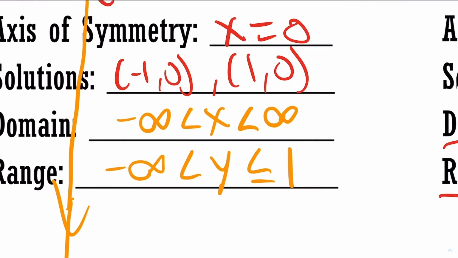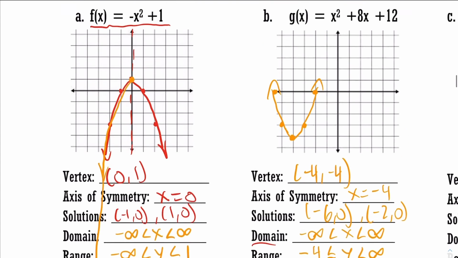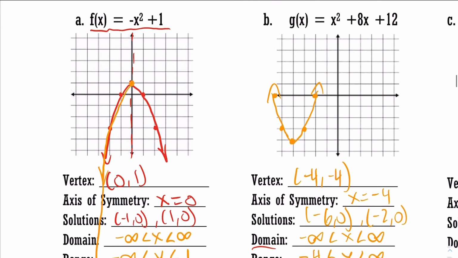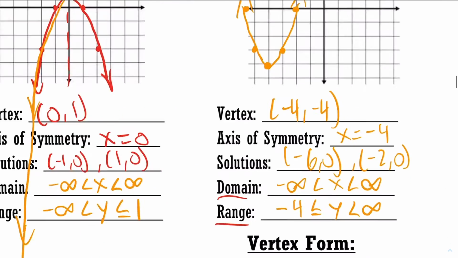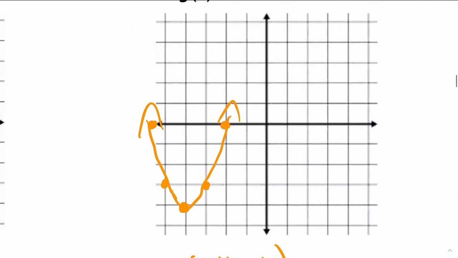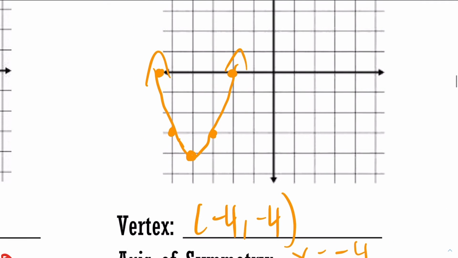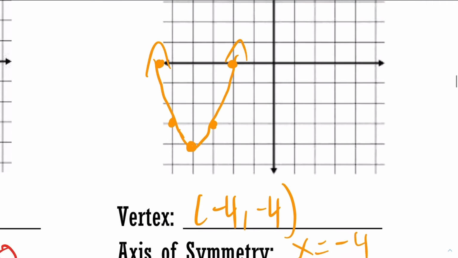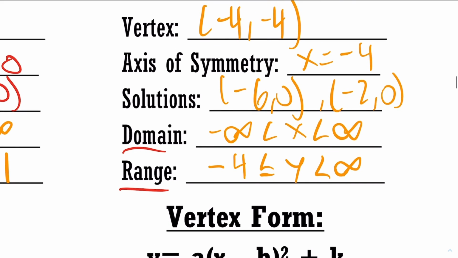And over here, you also need to have this one saying that it's or equal to for that 1. Because that 1 is the maximum, so everything is smaller than or equal to that 1. And this -4 is the minimum, so everything is larger than or equal to that -4.